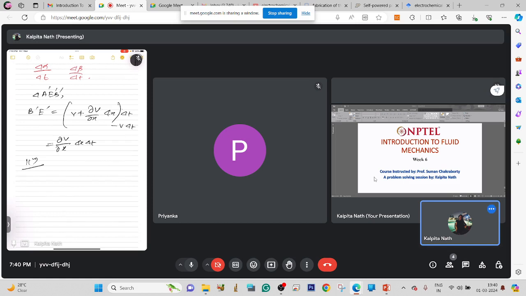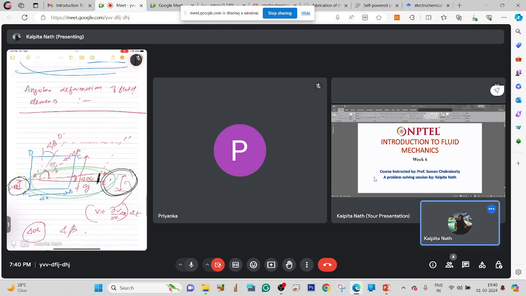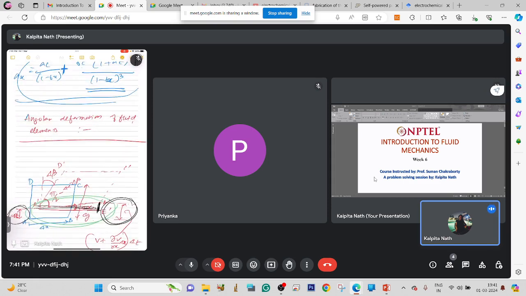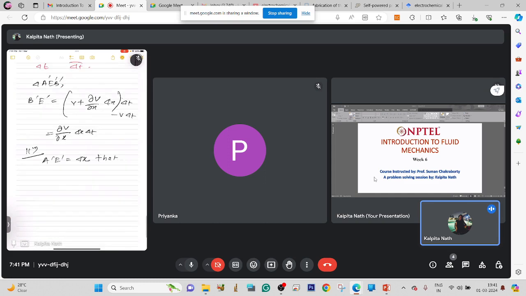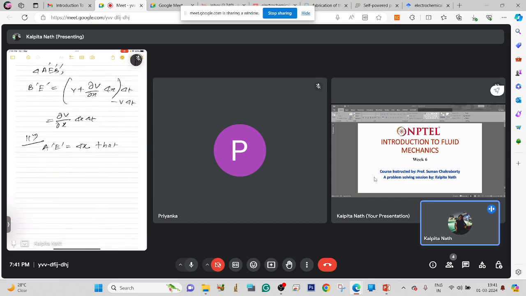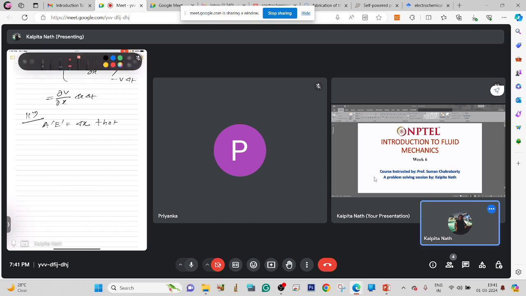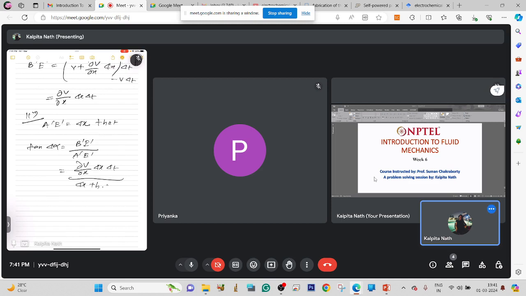Similarly, A dash E dash will be delta x plus some higher order terms. This is delta x plus some distance, that we are considering as higher order terms. So if we find tan delta alpha, that will be B dash E dash upon A dash E dash, which is equal to del v by del x times delta x delta t upon delta x plus higher order terms.